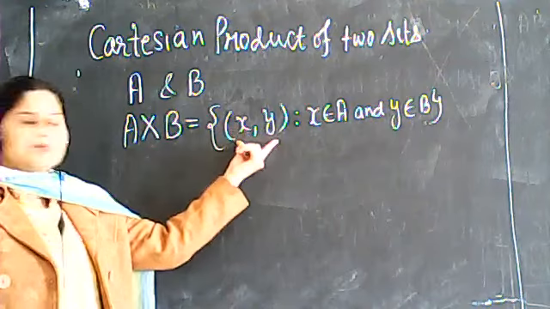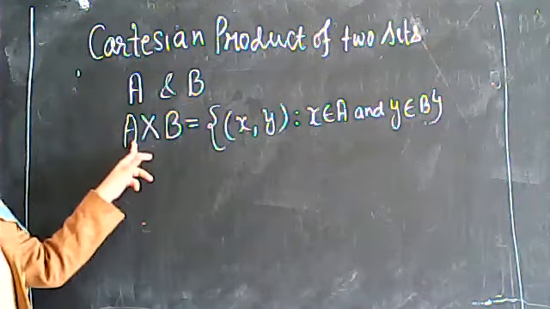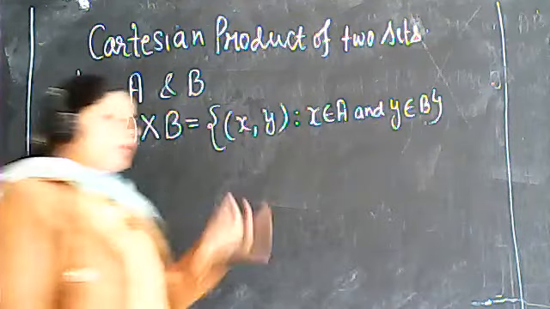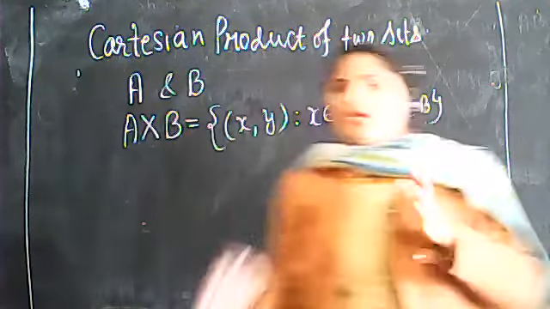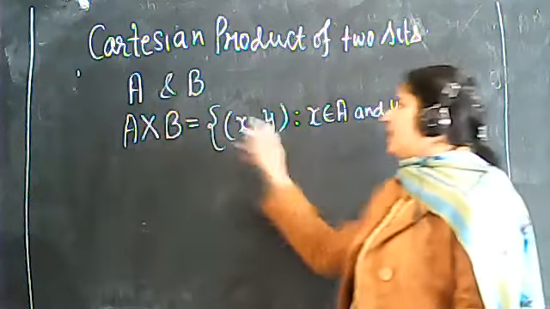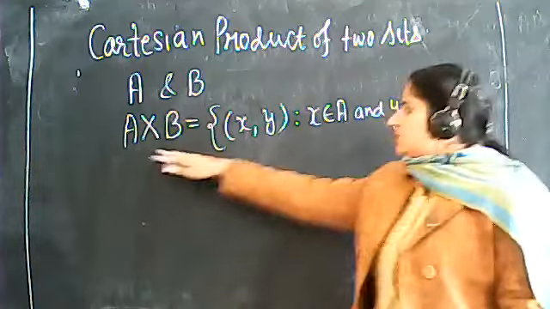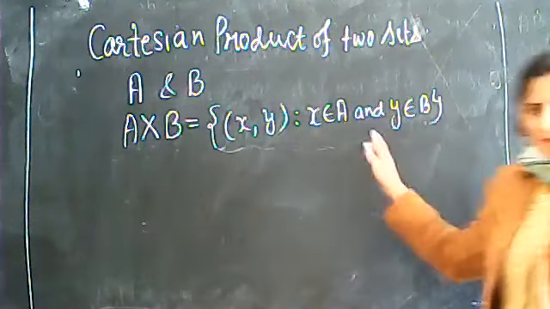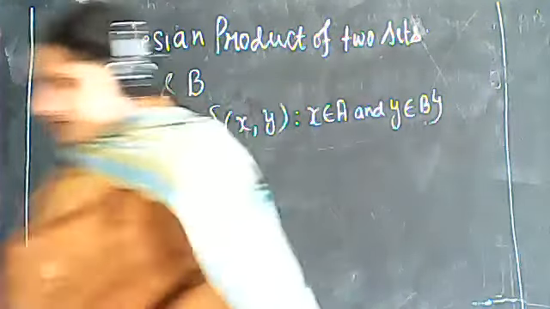What type of pairs? Those in which the first element belongs to set 1 and the second element belongs to set 2. So A cross B is basically the collection of all the ordered pairs in which X belongs to set A and Y belongs to set B. So this is the description of A cross B. Is it clear? Yes, ma'am. Okay.